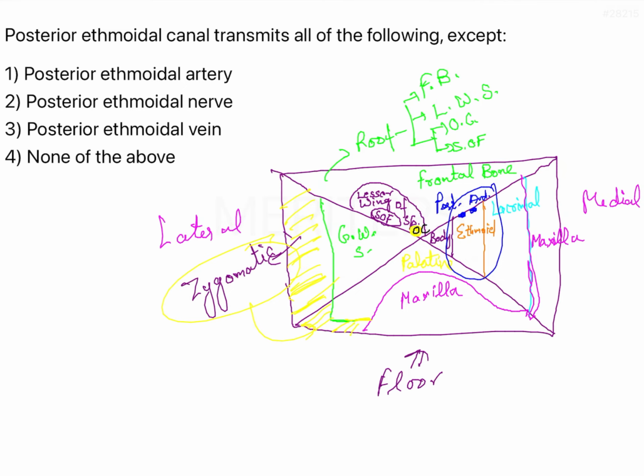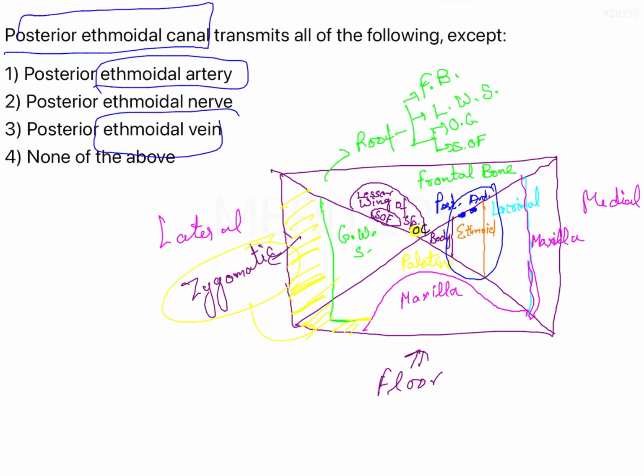But there is a catch: the nerve does not pass through it. Nerve generally terminates before it enters the posterior ethmoidal canal, and that's why the posterior ethmoidal canal is going to transmit the artery as well as vein, but it does not give way to the ethmoidal nerve because it gets terminated before it enters the canal itself, right?